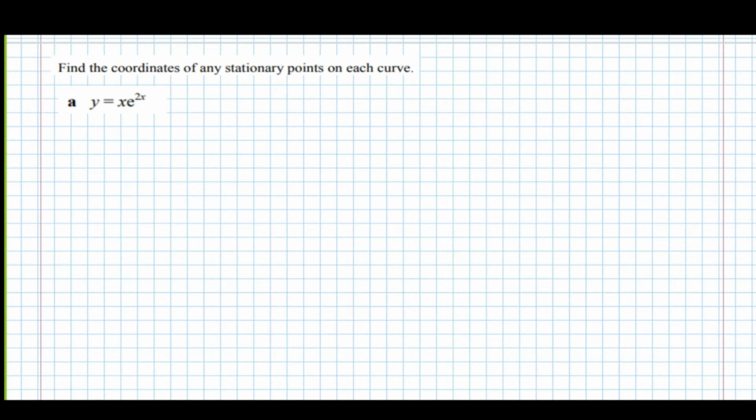So we've got u equals x, du by dx equals 1. We've got v equals e to the 2x, and dv by dx equals 2e to the 2x.